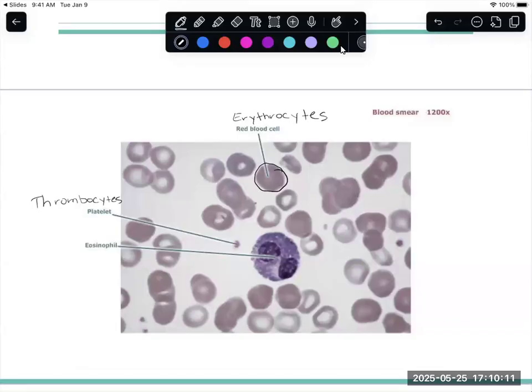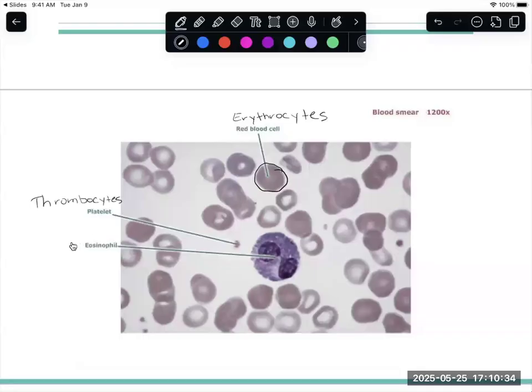And then we have our white blood cells. We have 5 different types of white blood cells. These different white blood cells do different jobs. So in this picture here, we have an eosinophil.